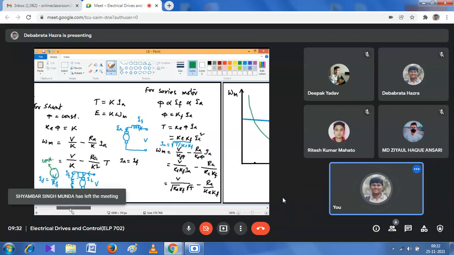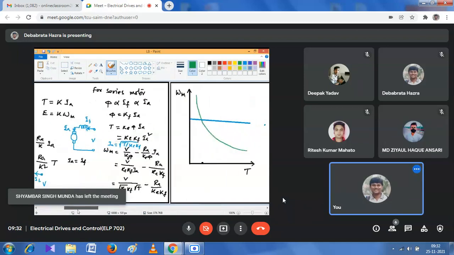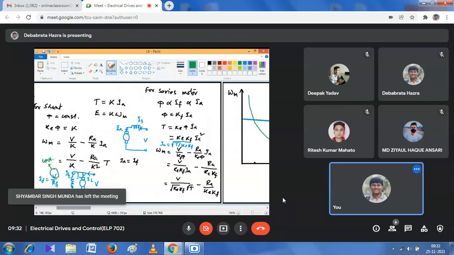See the equation. See that this is also like the torque versus speed characteristics, or say this is also like the speed versus torque characteristics.